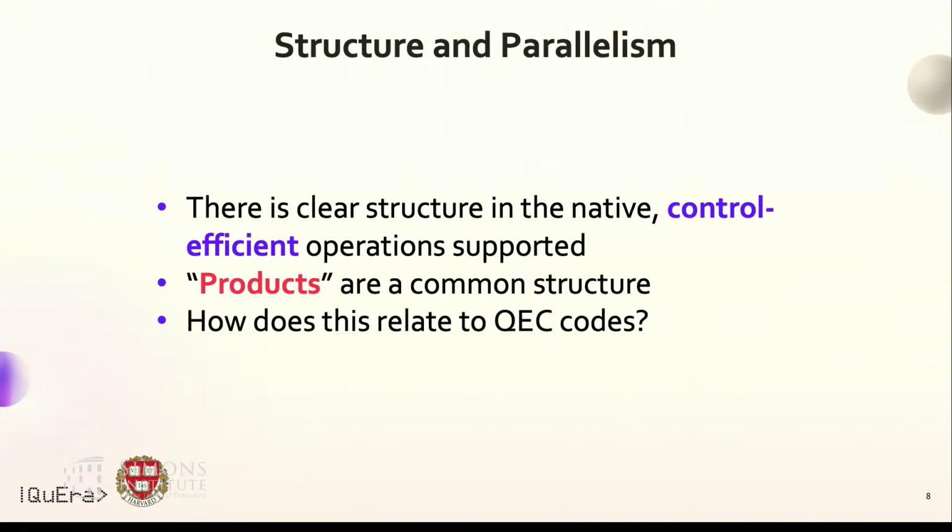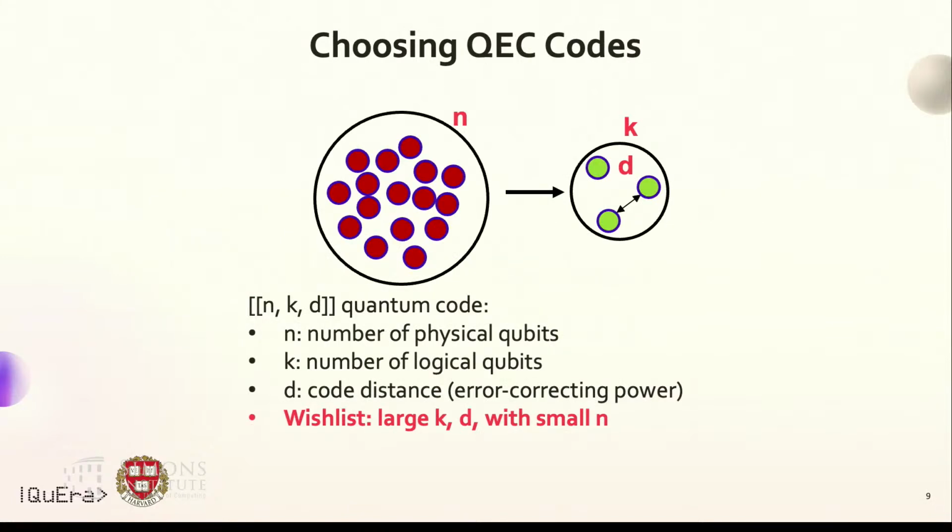OK? So how does this relate to QEC codes? For that, I'll give one very quick review of quantum error correction here, just to set the stage. So typically, we care about these quantum codes characterized usually by these n, k, d parameters: number of physical qubits, usually people refer to the number of data qubits used here, number of logical qubits, code distance.